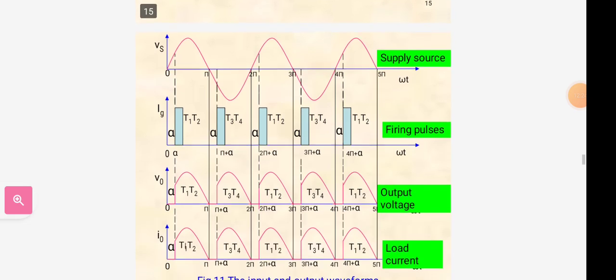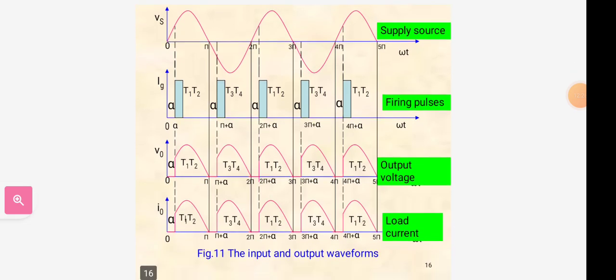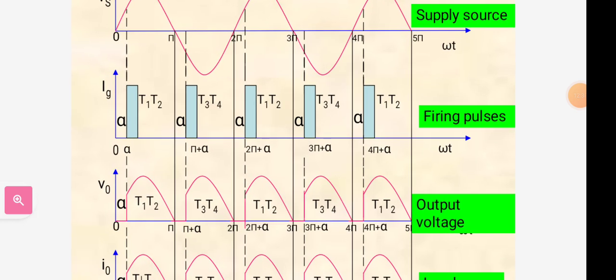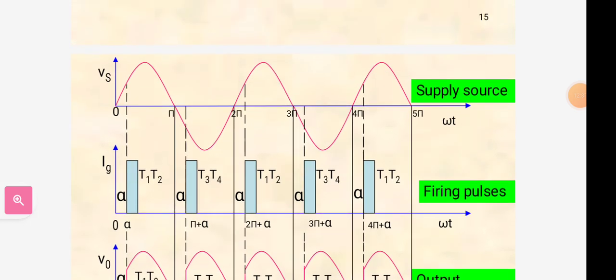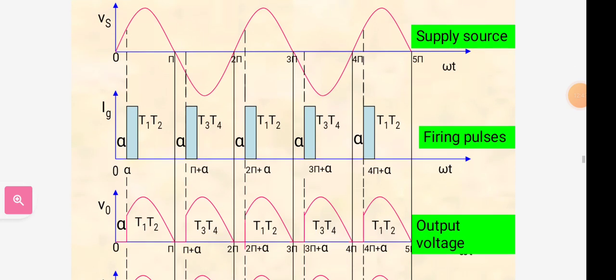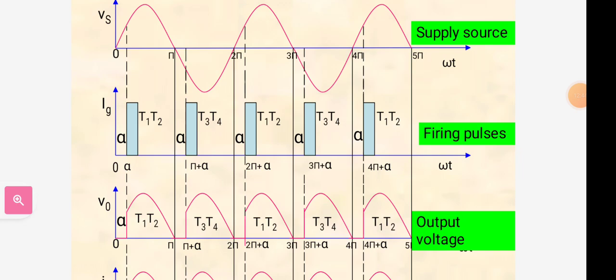So here these are the output voltage waveform, output current and gate current waveforms. First is the sine wave of the supply source, and Ig is the firing pulses.